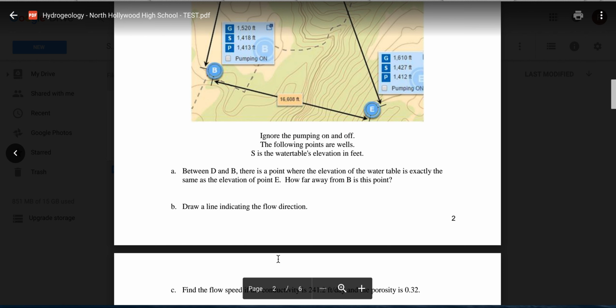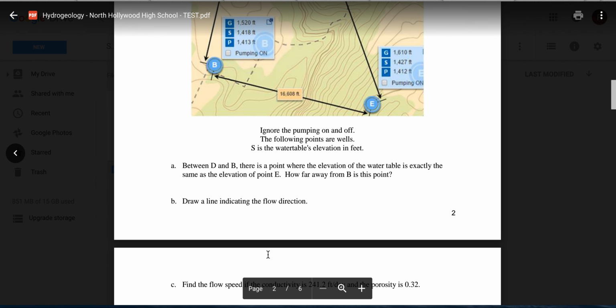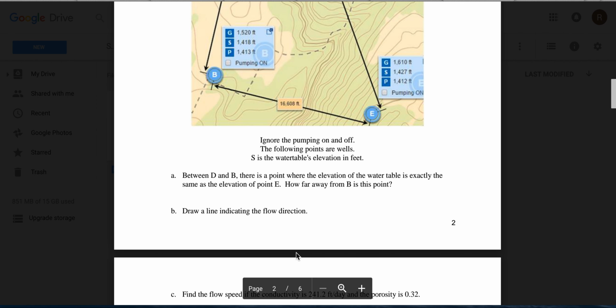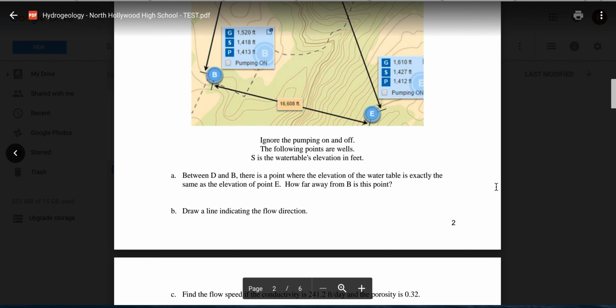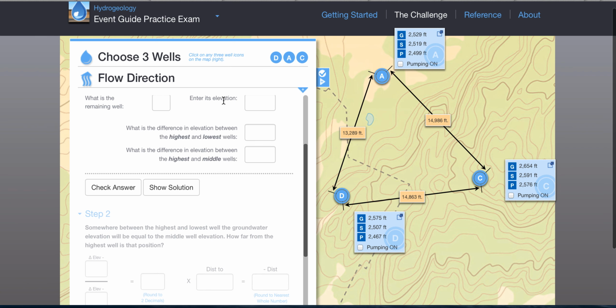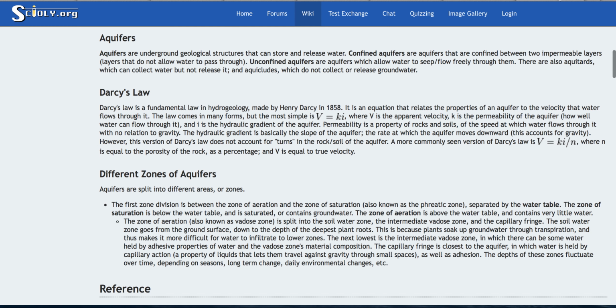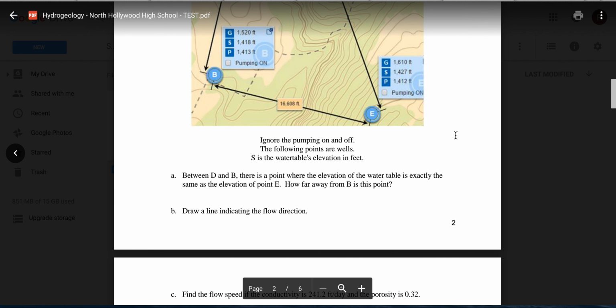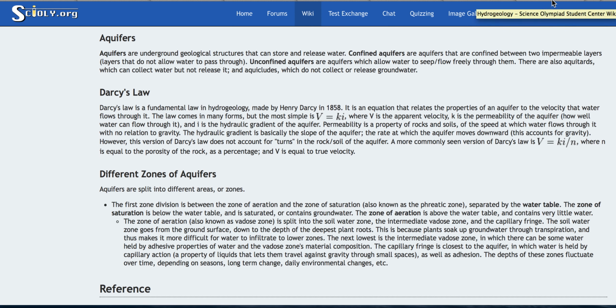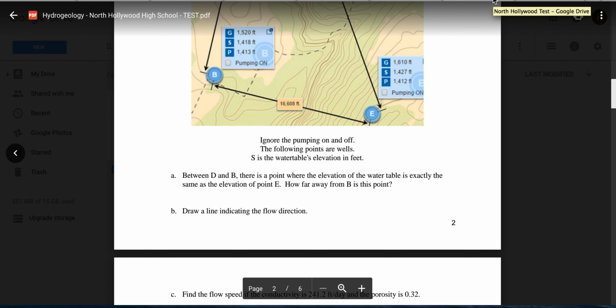V is referring to the velocity, in other words, the flow speed that we're trying to find out. And K is 241.2, and the porosity is 0.32. So essentially, it's obviously a little hard to go through it right now, but during the hydrogeology challenge, you're going to be finding out the i value, which is essentially the horizontal gradient of the aquifer.